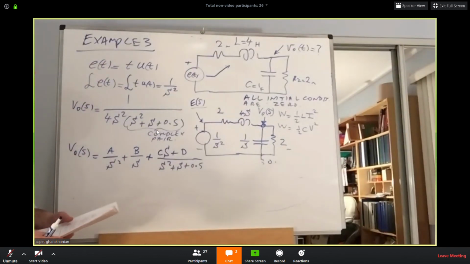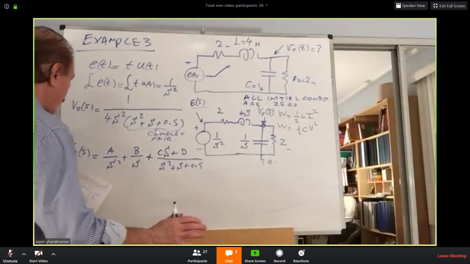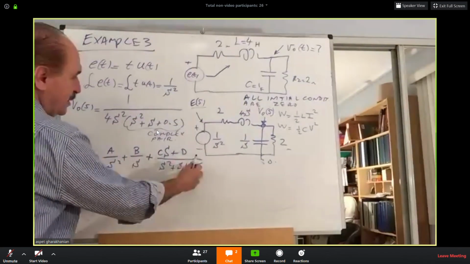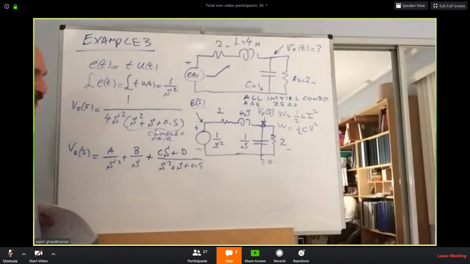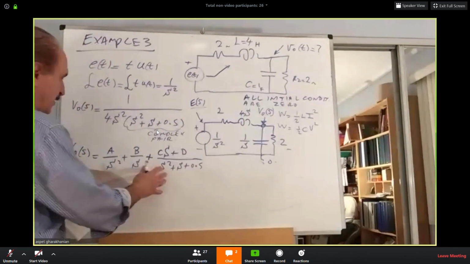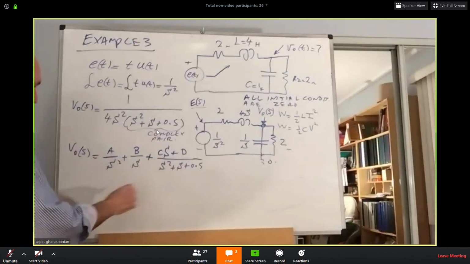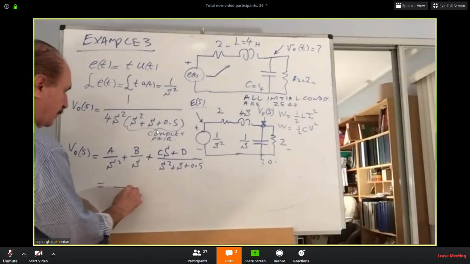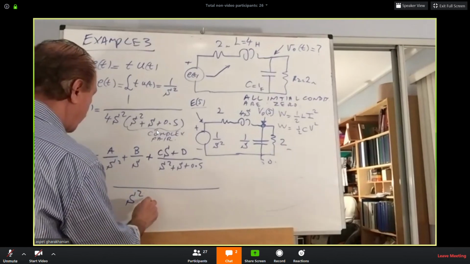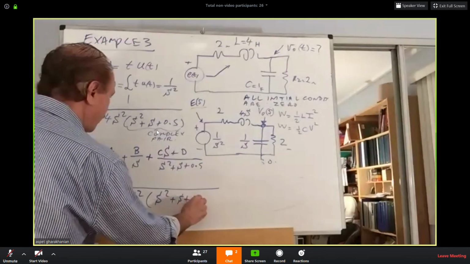Basically, you know what you can do. The general way would be, again, to merge all the terms together. I didn't do it that way. I did it by the number method, but it can be done in a general way. Merge everything together; in other words, add them up. We've got S squared times S squared plus S plus half.